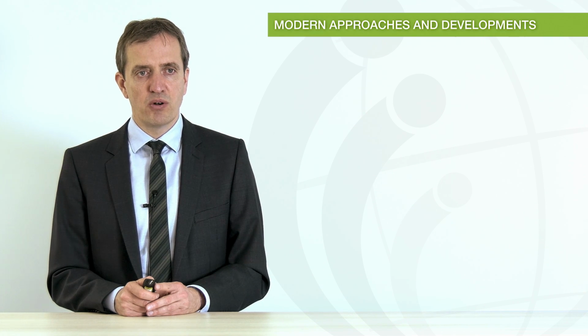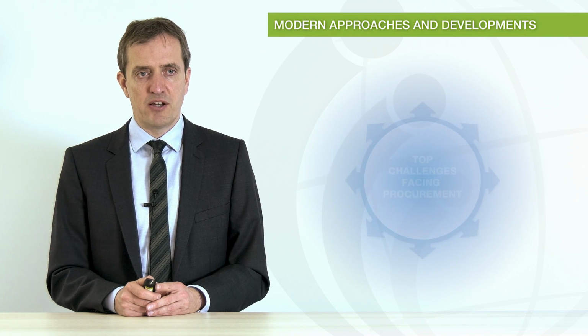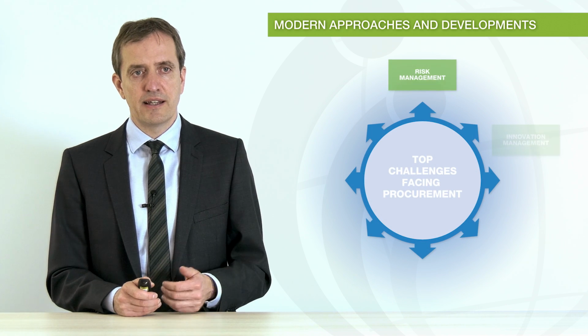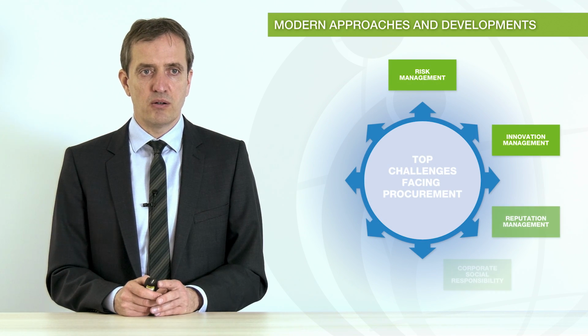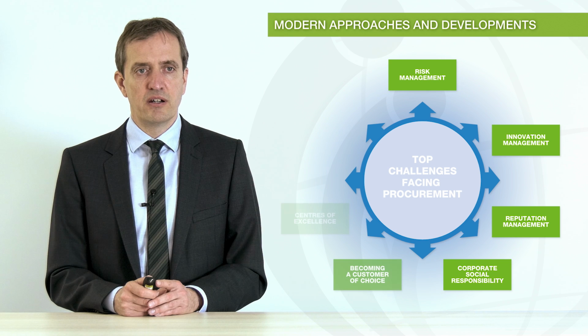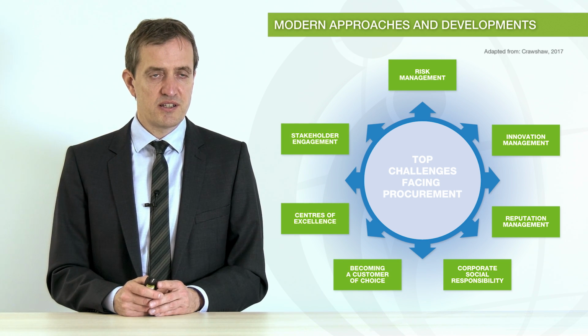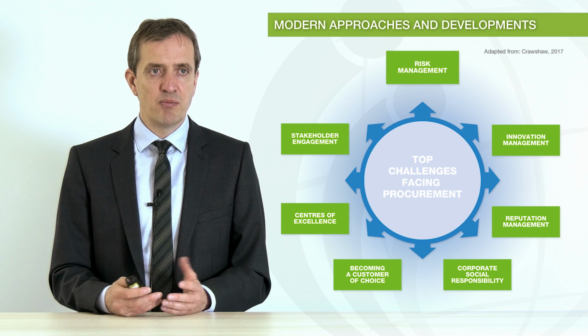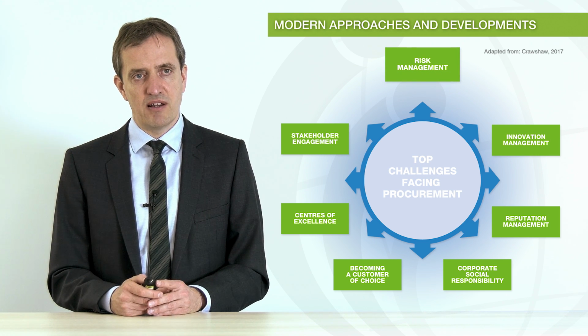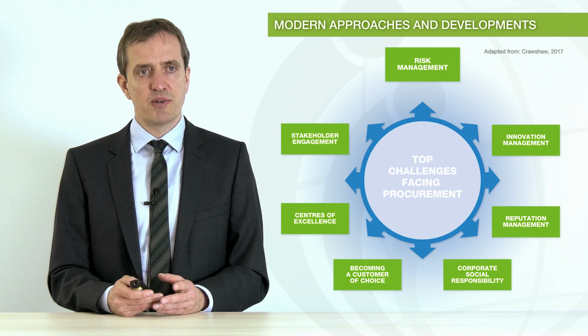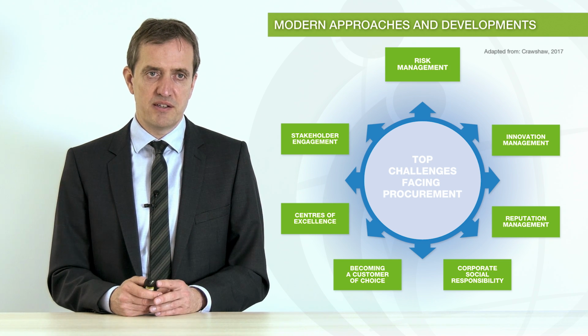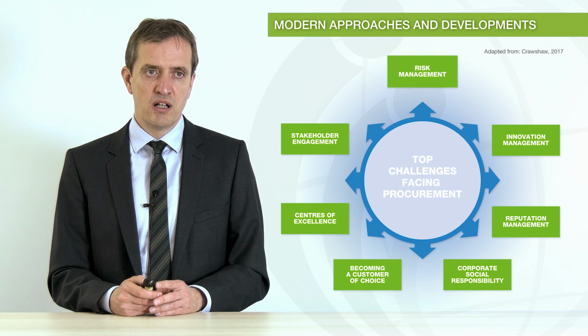In order to be able to manage such an impactful supplier network, it's very important that purchasing and supply management is not only taking care for the costs, but also is taking care for the current challenges that procurement is facing. Amongst others, risk management can be named as one of the modern approaches and developments. I will talk about risk management more in detail in one of the other sequences of this MOOC.